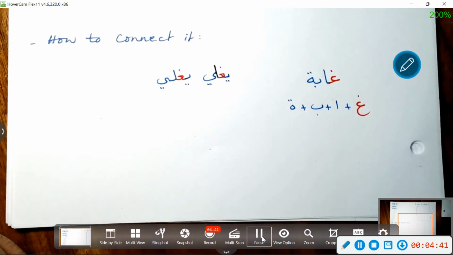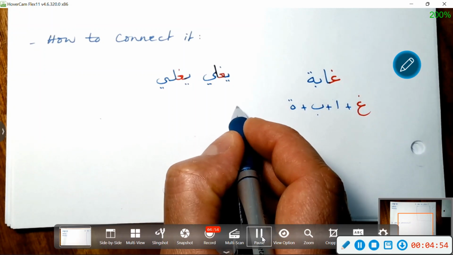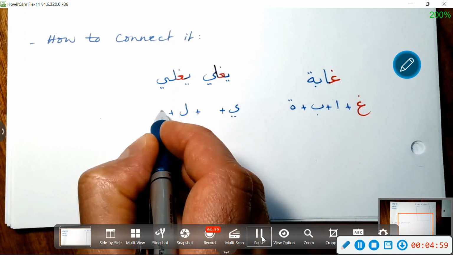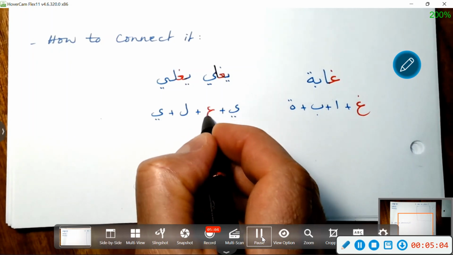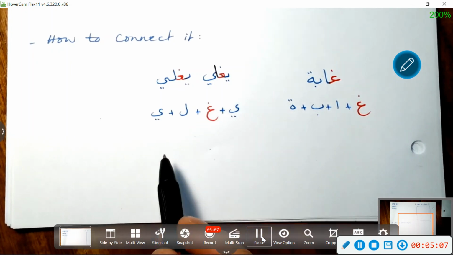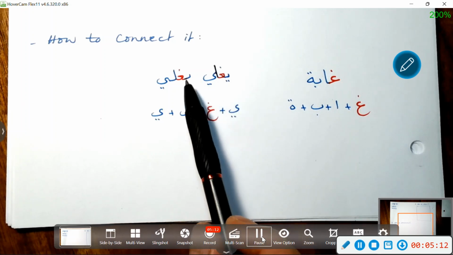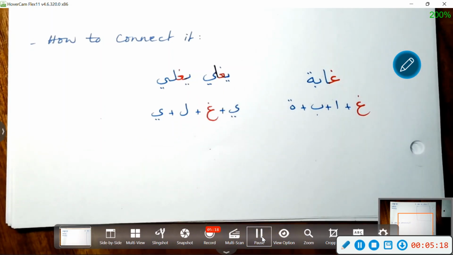Both are correct. يغلي means to boil. We have ya plus ghain plus lam plus ya. And as we see here, the ya at the beginning looks like ba ta tha. At the end, it looks like it stays the same. يغلي, to boil.